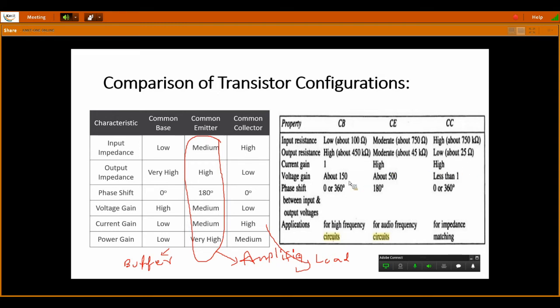Voltage gain is 150 for common base, 500 for common emitter, but in the common collector configuration, as VCB is equal to VCE, the voltage gain is less than 1. So as a voltage amplifier, we could not prefer the common collector configuration.